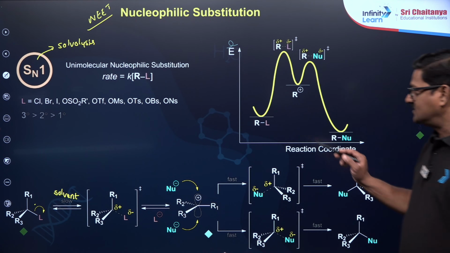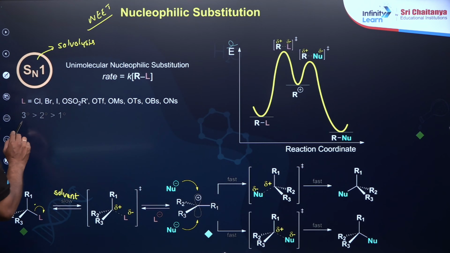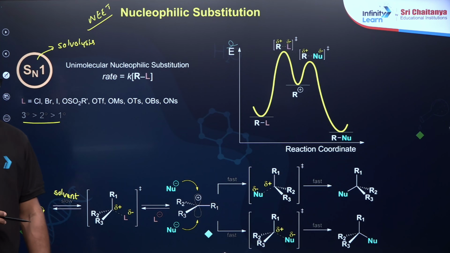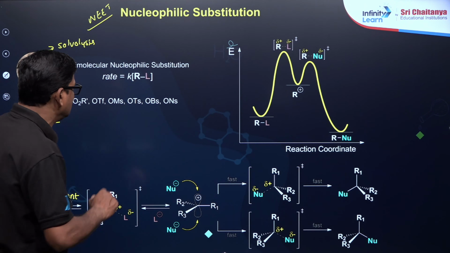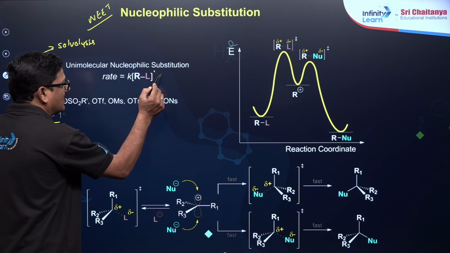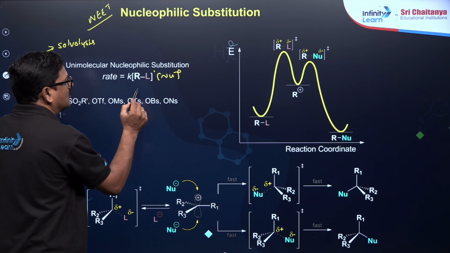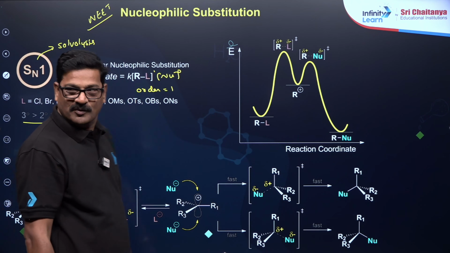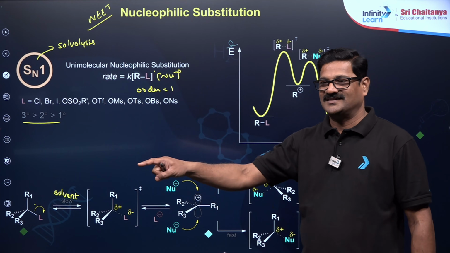So it is a two-step reaction, and reactivity is tertiary more than secondary more than primary, because the reaction is dependent on the alkyl halide and independent of the nucleophile. So the order of the reaction is 1, a unimolecular reaction, and you say it is an SN1 reaction.